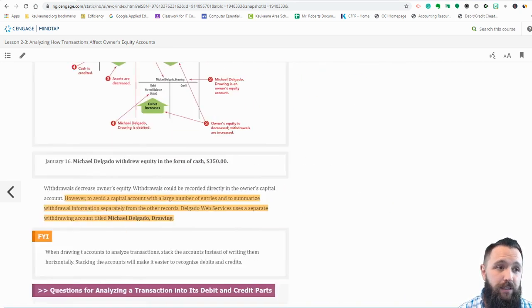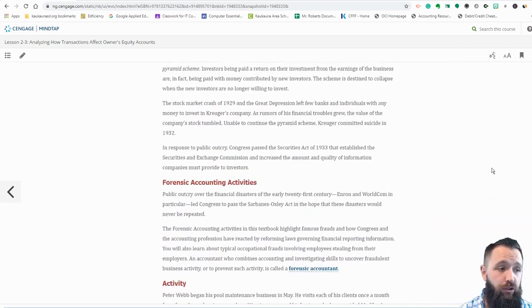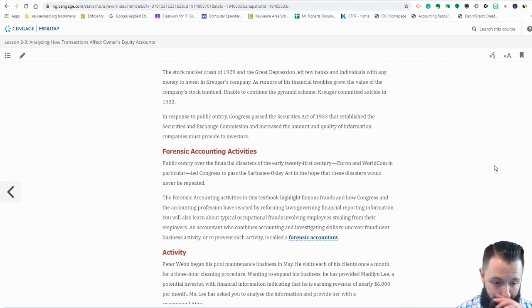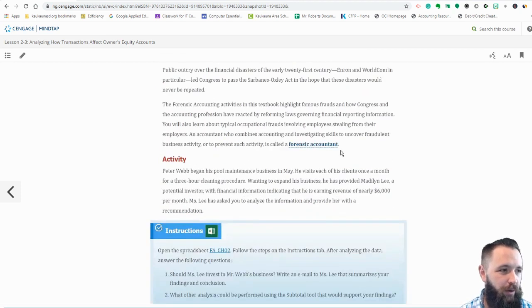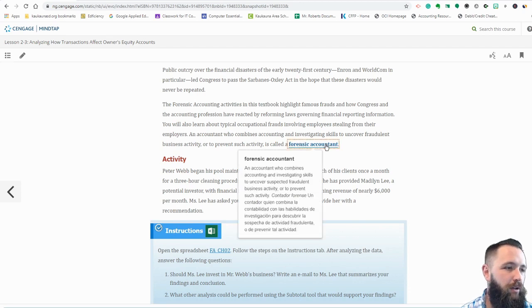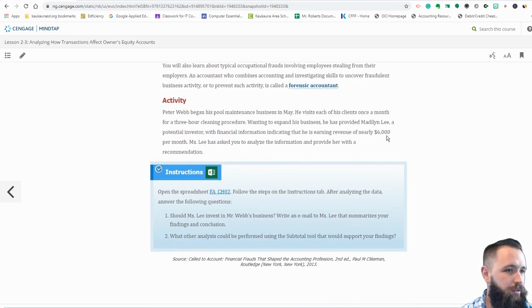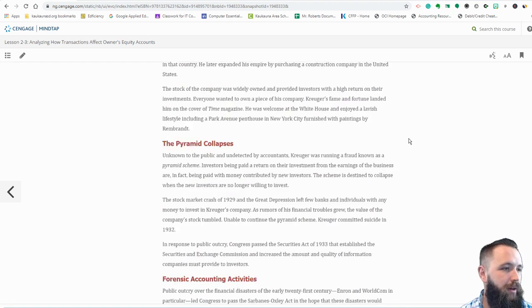So expenses and drawings are the two really, I would say, difficult things to look at. You can read over this page on your own about pyramid schemes. They do talk about an accountant who uses their skills plus investigative skills to uncover fraudulent business activity, and that's called a forensic accountant, which is a pretty sweet job.